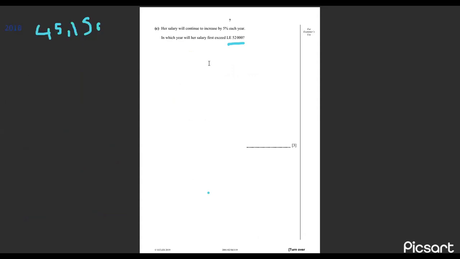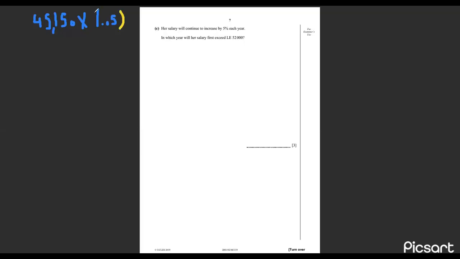So if it's increased by 5%, we multiply this by 1.05 to the power, for example, of 2 for 2 more years, and it gives you an answer of 49,777 and some decimals, but that does not exceed 52,000.